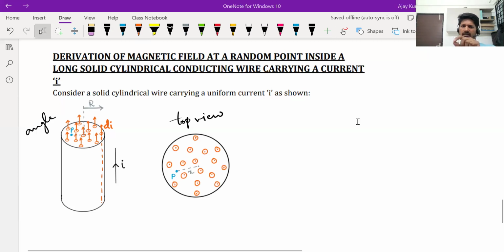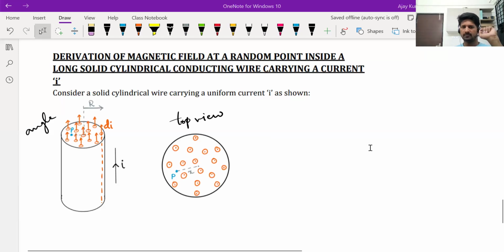You write an expression for the field produced by one element and you try to integrate it. That is one way to do. Another way is to use some laws which make things easy for us sometimes. Let us try to use the element method.